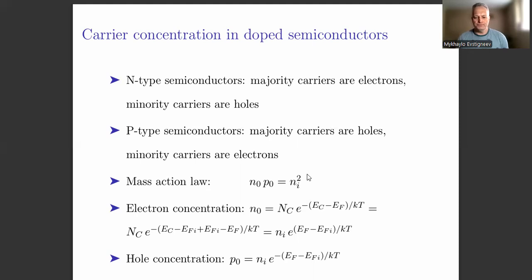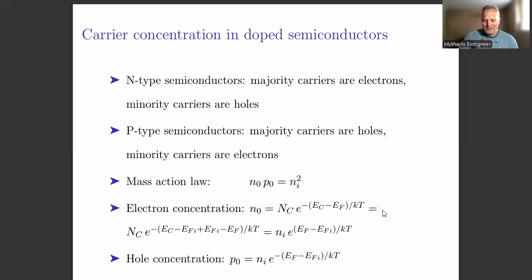We actually have three different expressions for the intrinsic concentration. The first one is the hole concentration, but replace the Fermi energy with the intrinsic Fermi energy. The second one would be the electron concentration, Nc times exponential to the power minus Ec minus E Fermi intrinsic over kT.